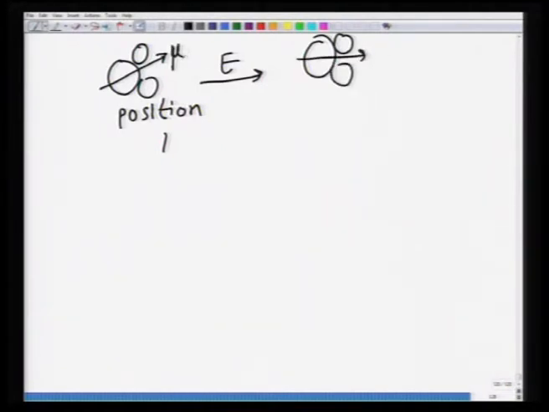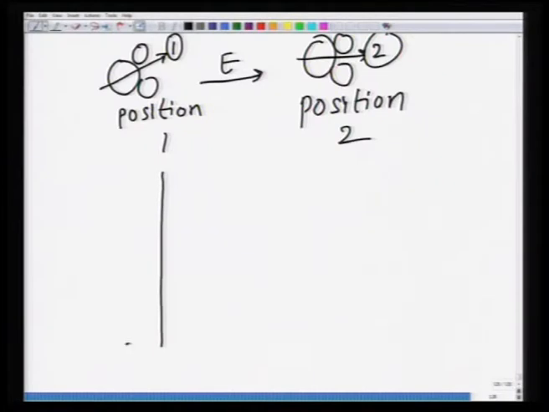So, this is mu 1, this is mu 2. Well, mu is the same, let us not confuse, so let us say just this is 1 and this is 2. This is called position 2. When you apply field, this is how it happens. So, how do you represent this in terms of energy?